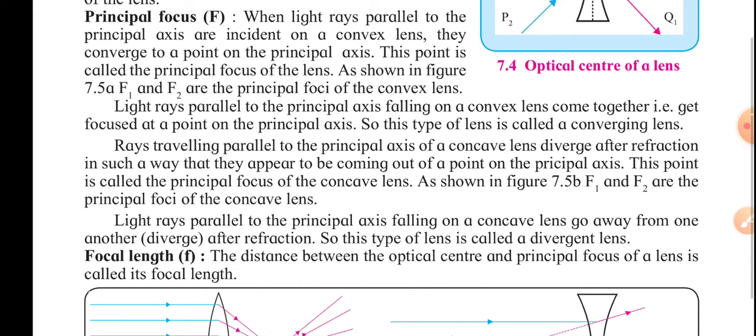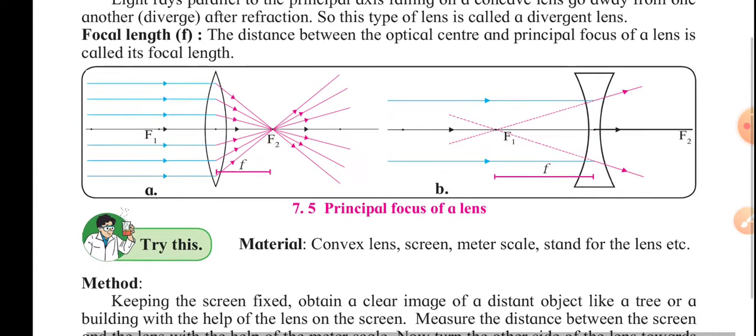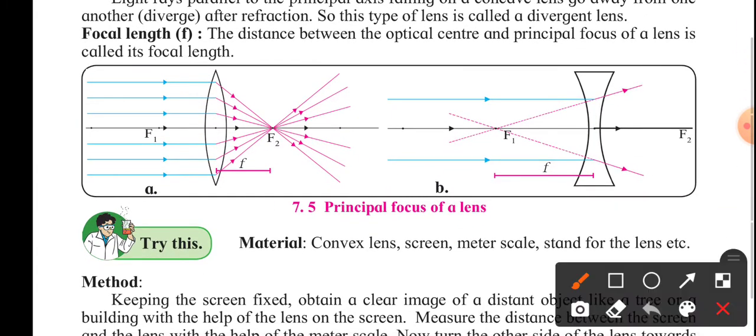When we talk about the convex lens, the light rays converge at one particular point. Here you can see the light rays which are parallel to each other, after refraction, converging at one point. That point where they converge is called the focus.